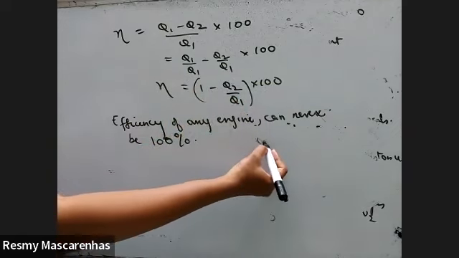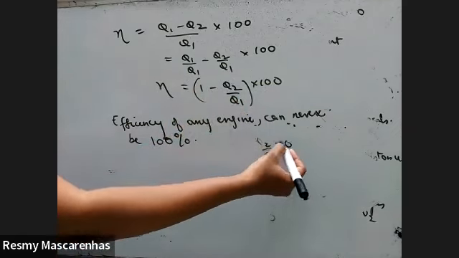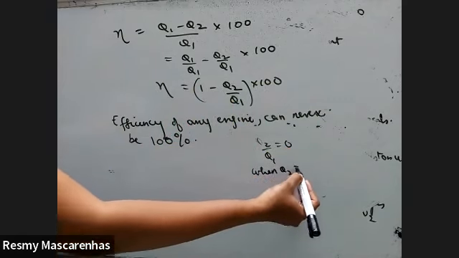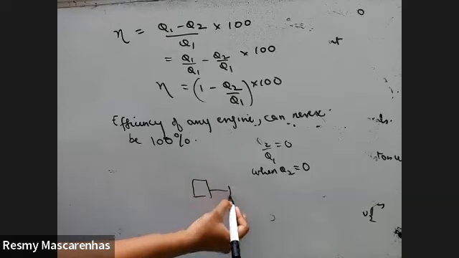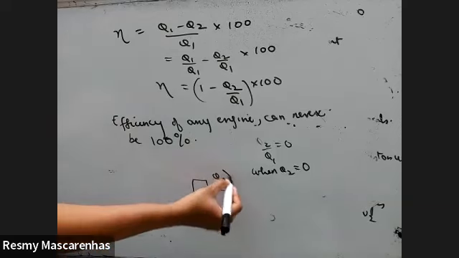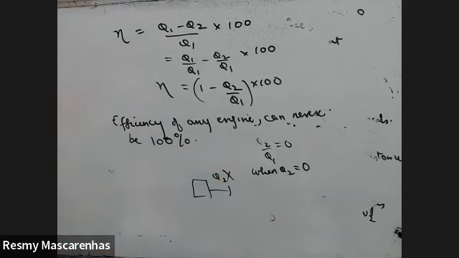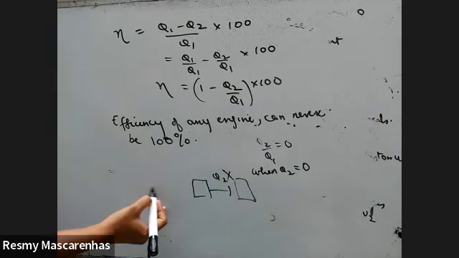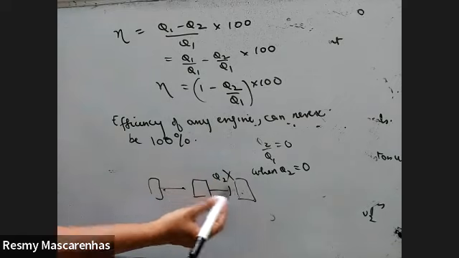When Q2 upon Q1 should be equal to 0, which means basically when Q2 is 0. So I told you, can Q2 ever be 0? No, some energy is always lost. If Q2 was 0, then the second body was not needed at all. There would be no comparison.